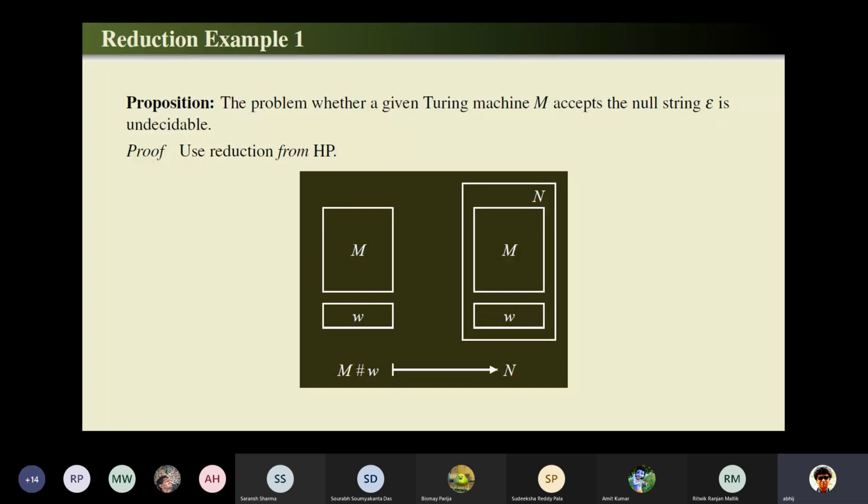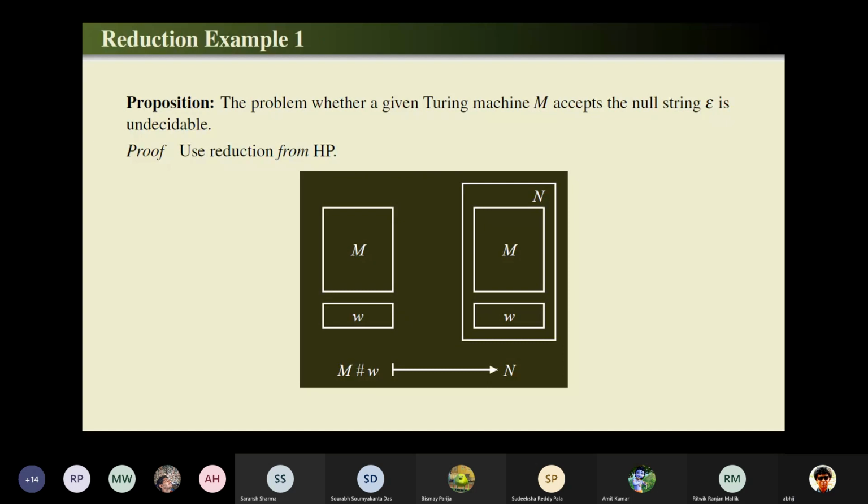The new machine N can have all the transitions of M. Okay. It can also have the information on W. So this is a finite amount of information and can be embedded in the finite control of N. And its input is basically epsilon. Whatever it does on other inputs, that is not of a big concern to us.